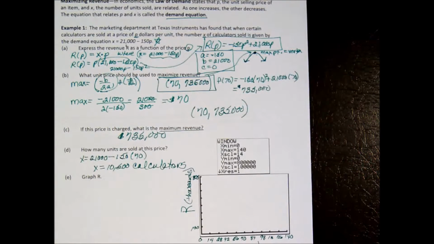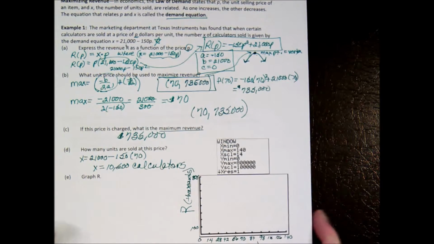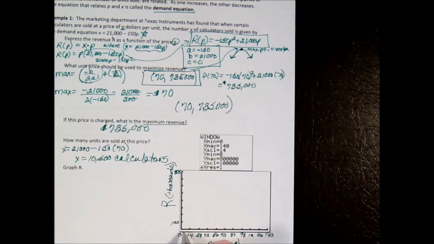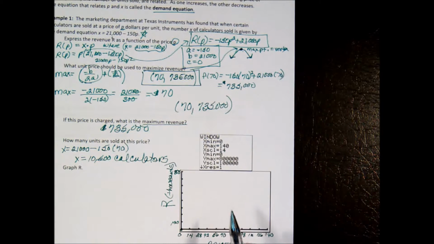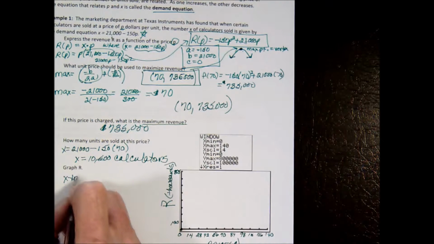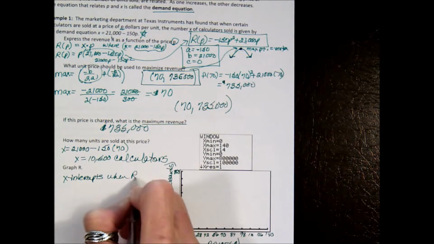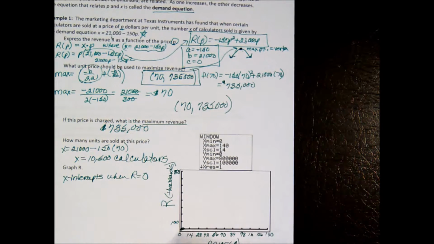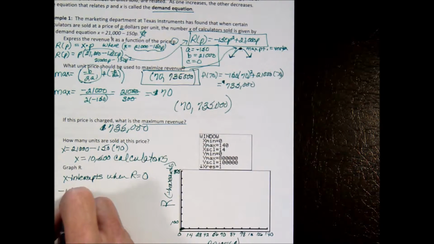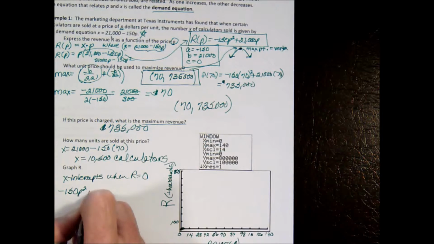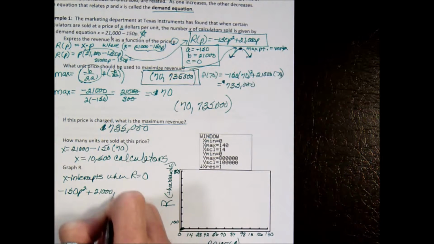So now, how do we know where to start? Well, if I charge nothing for my calculator, I'm not going to make anything, right? So I know that this point is on here. So we want to find the X-intercepts. The X-intercepts are when R, the revenue, is 0. So that would be here and wherever else it's going to be. So we would take our equation, negative 150 p squared plus 21,000 p, and set it equal to 0.